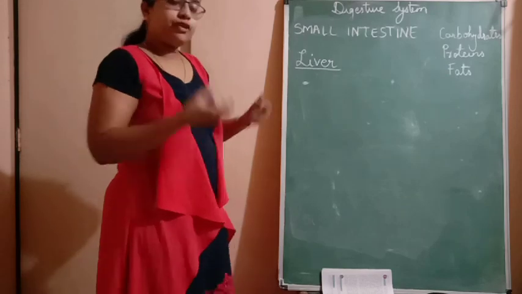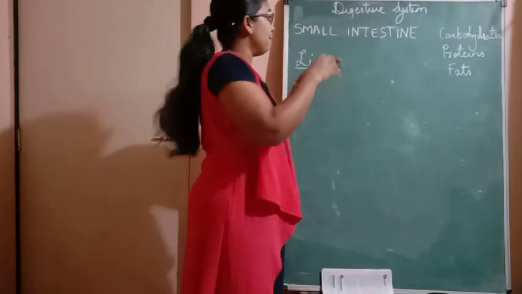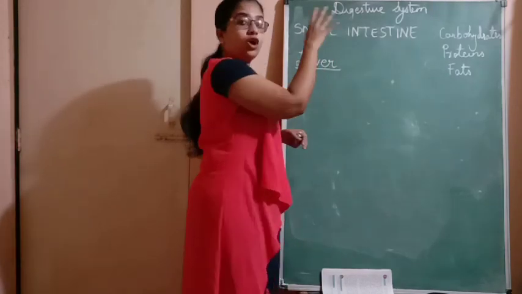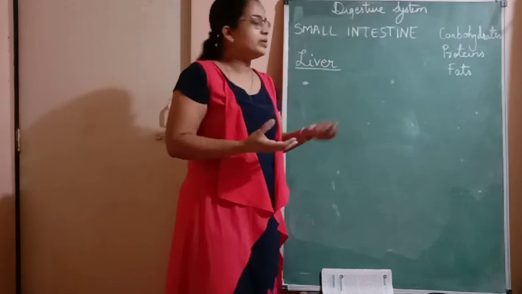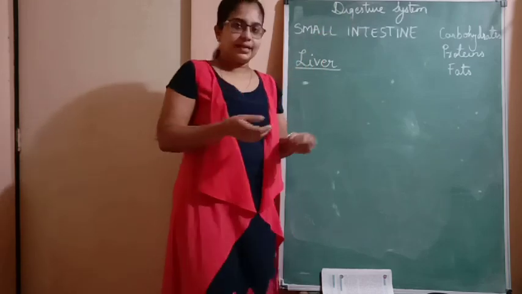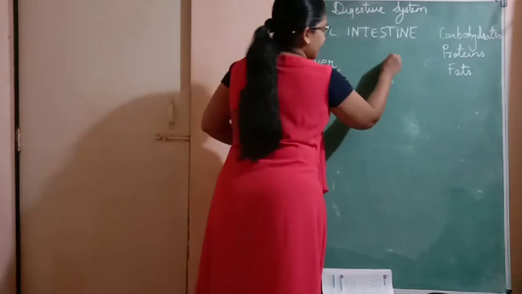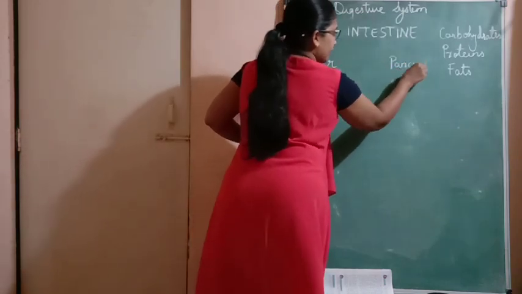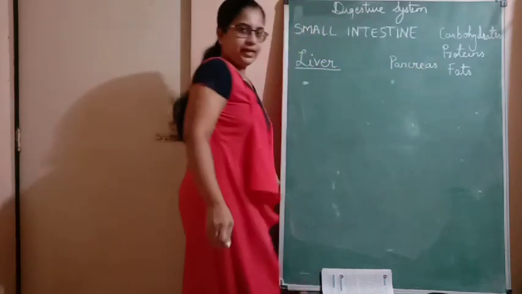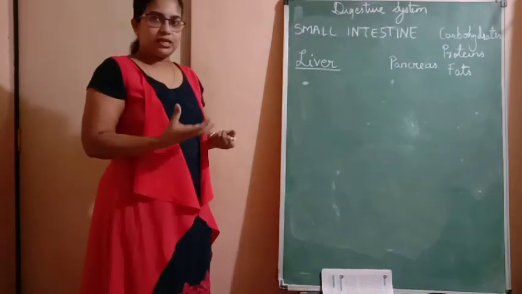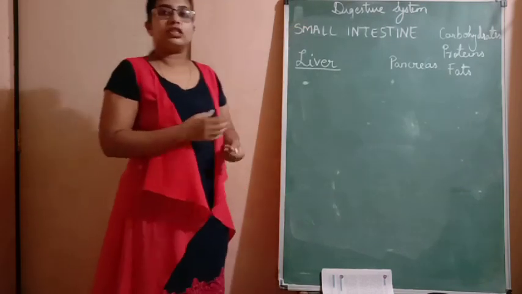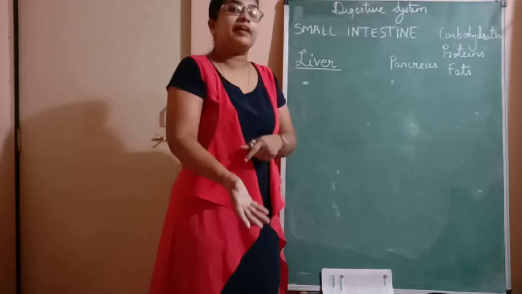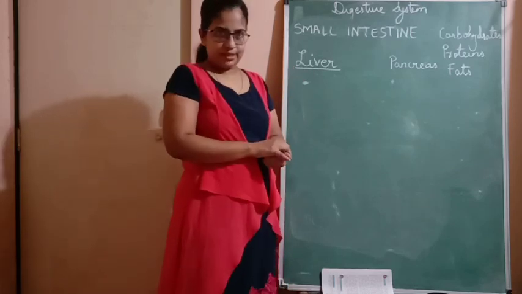The food that we eat doesn't pass through the liver nor the pancreas. The liver and pancreas secrete certain enzymes, certain chemicals which are essential for digestion when the food reaches the small intestine.